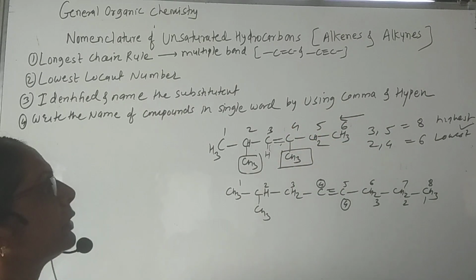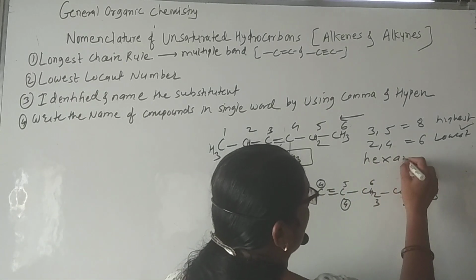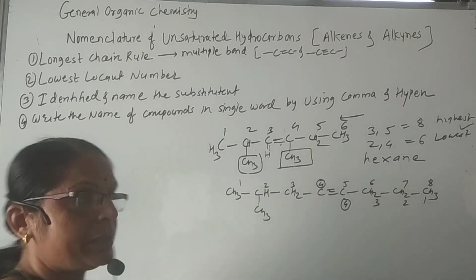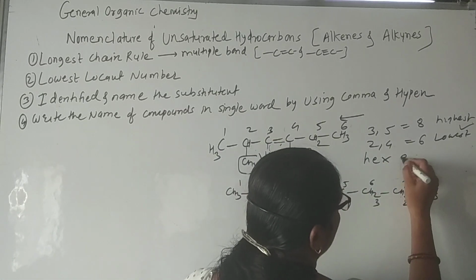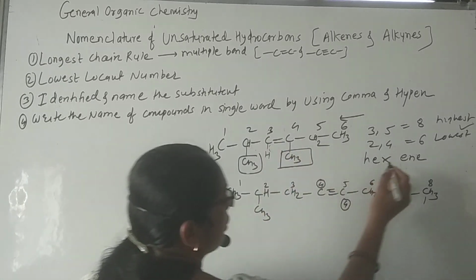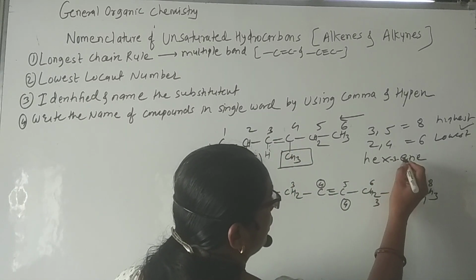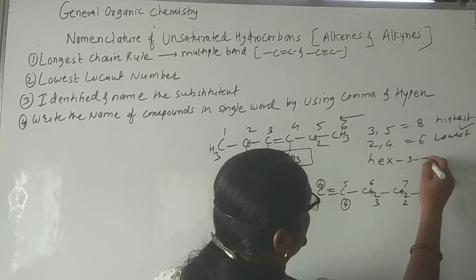So it has the parent hexane. Now change the ANE to ENE, and the position of the double bond is 3. So I can write it as hex-3-ene.